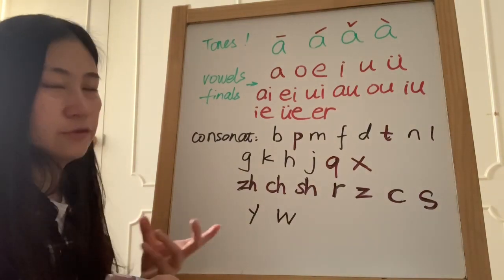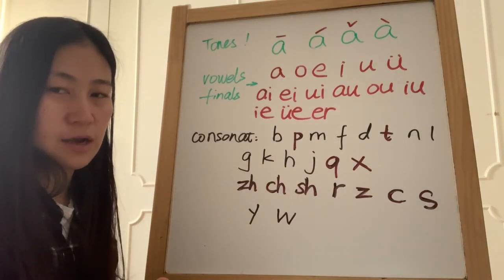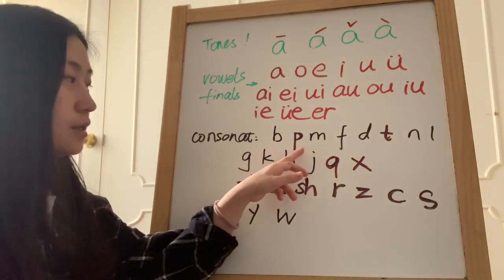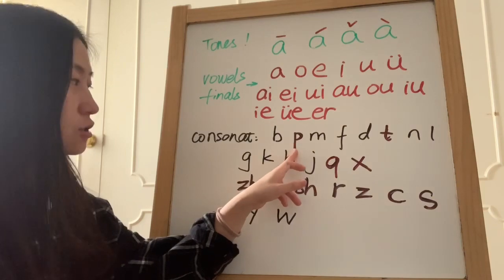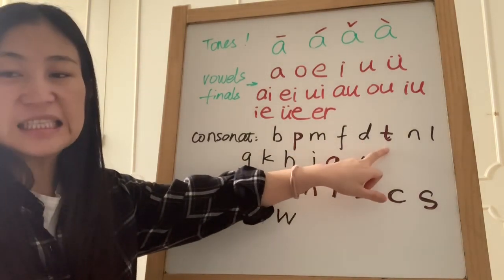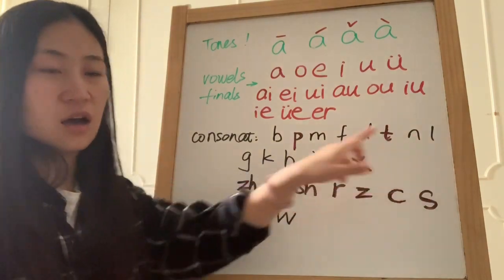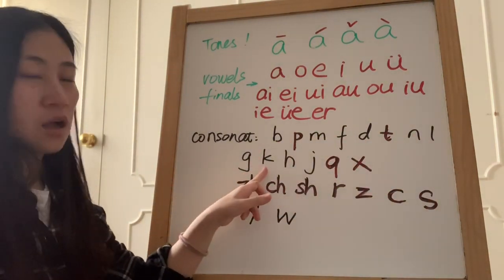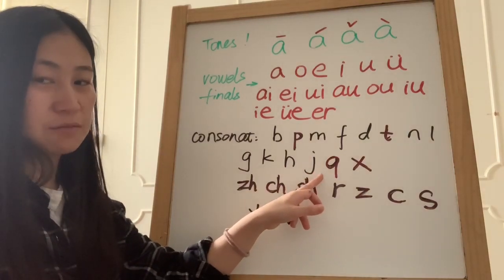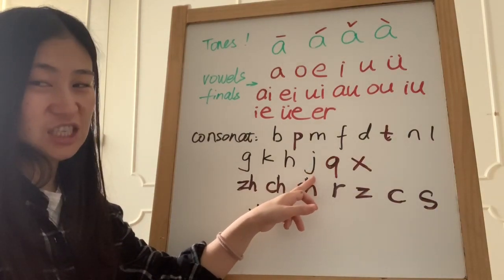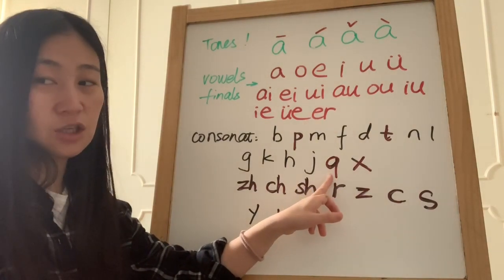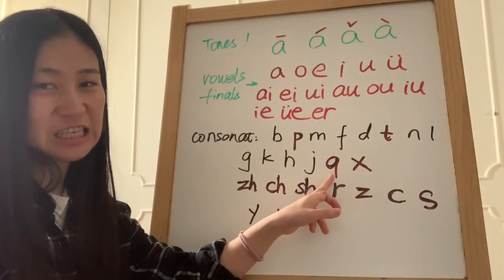Because they sound different in Spanish or in English, right? Bo, po. This one sounds different in Spanish. Mo, fo, d, t, n, l. G, k, h, g, like Miss G, G of Miss G. Remember, this one is not gu, it's chi.